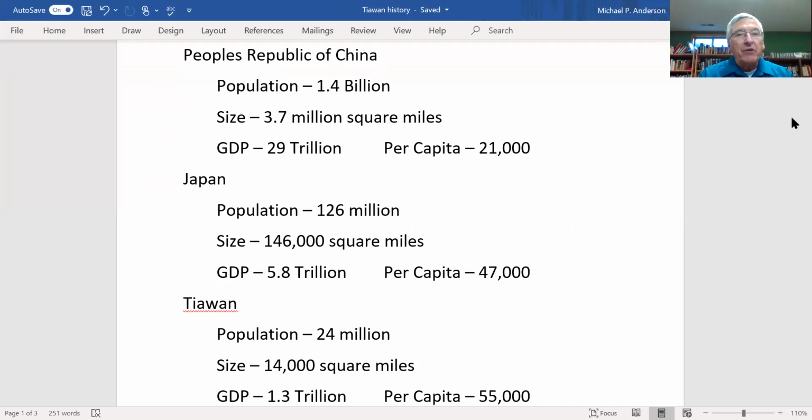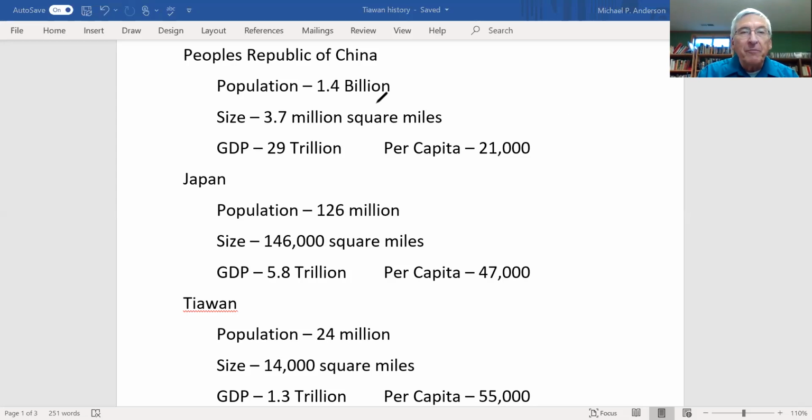The more productive the country, the higher the gross domestic product. This tells us a lot about the country, also about the size of the country. A better measure of how well the people in the country are doing is the gross domestic product per capita. Basically, you take the gross domestic product and divide it by the number of people that live there, and that tells the gross domestic product per capita.